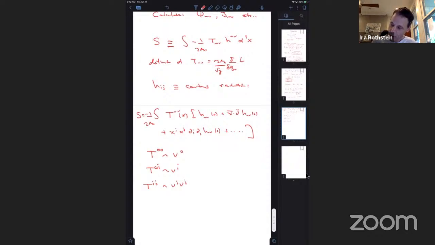Okay, so now if we're interested in extracting things to order v squared, then remember that each derivative here is going to cost a v. And then we also have to keep track of which components of T we're including because of the different scalings.